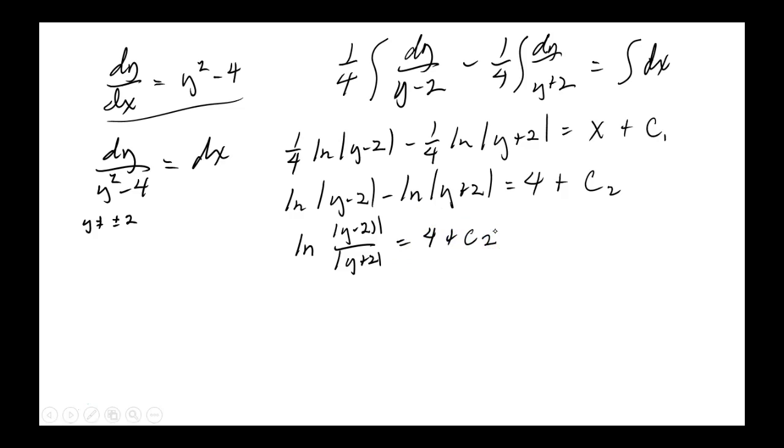Now, what we're going to do is raise e to the exponent of both sides of the equation. By the way, the absolute value is on numerator and denominator, you can just put one absolute value.